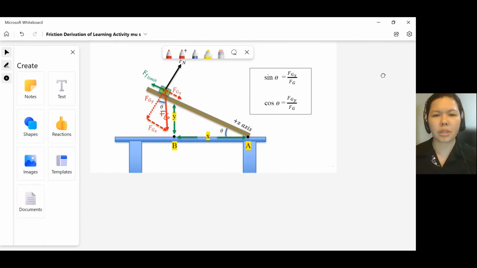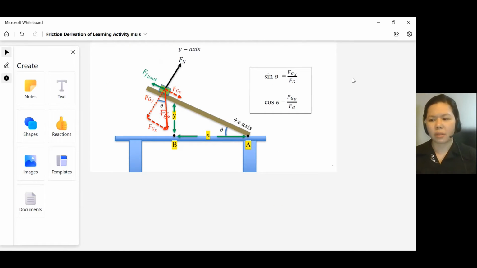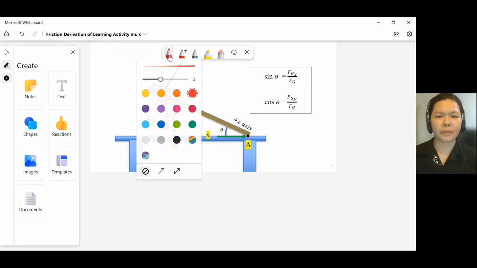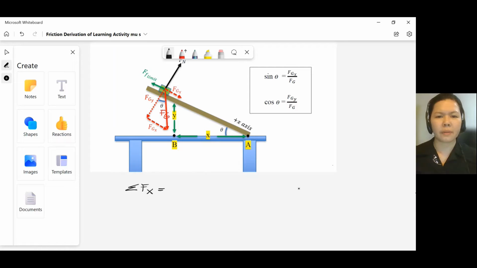We will now write the summation of Fx and Fy for this free body diagram. The sum of all forces along x equals: you see here that Fg sub x is positive, going down the incline, and opposite to that is FF limit.